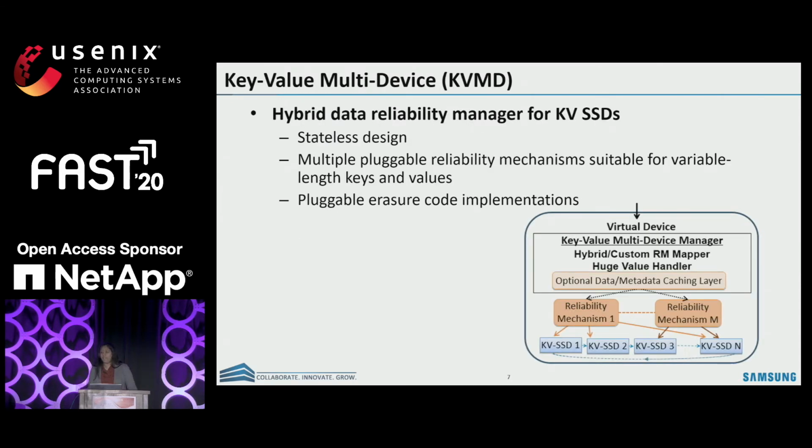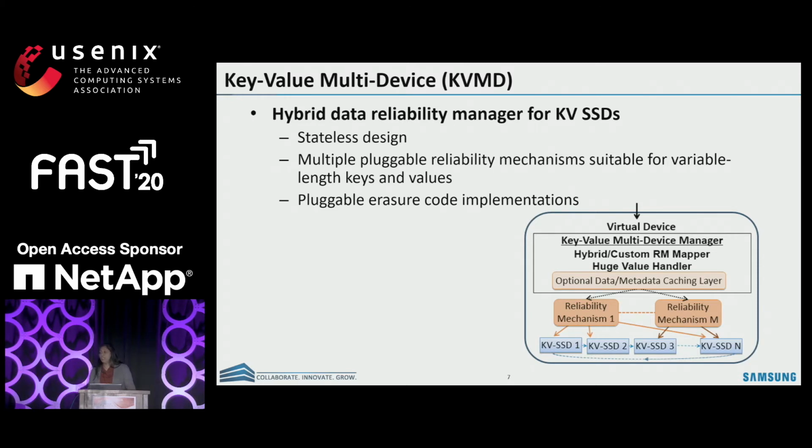KVMD stands for Key Value Multi-Device. It's a hybrid data reliability manager for KV SSDs. It supports multiple pluggable reliability mechanisms, which we'll call RM from now on, and multiple pluggable erasure code implementations.